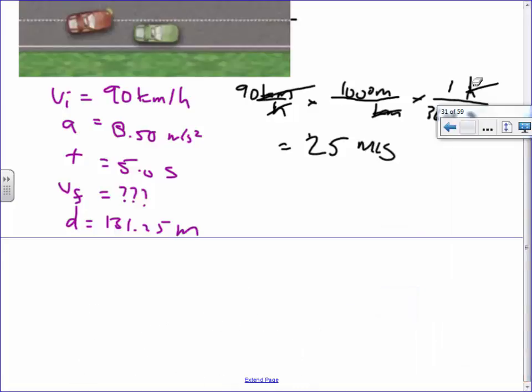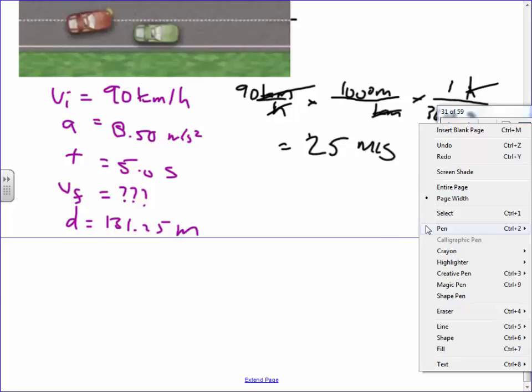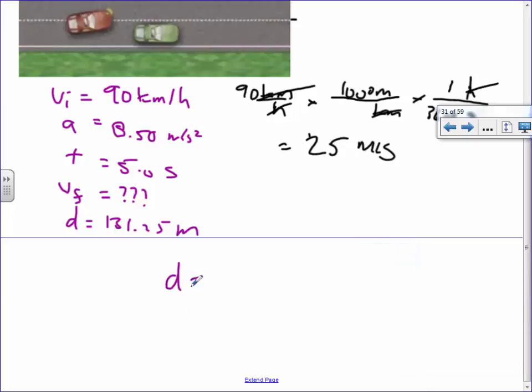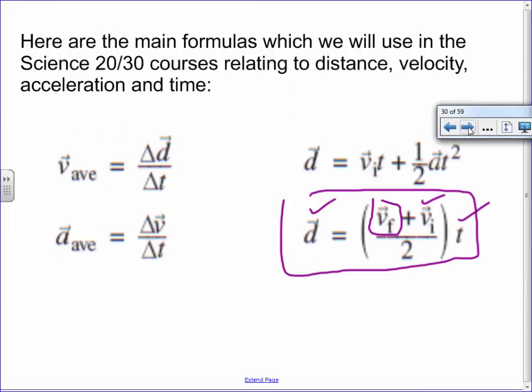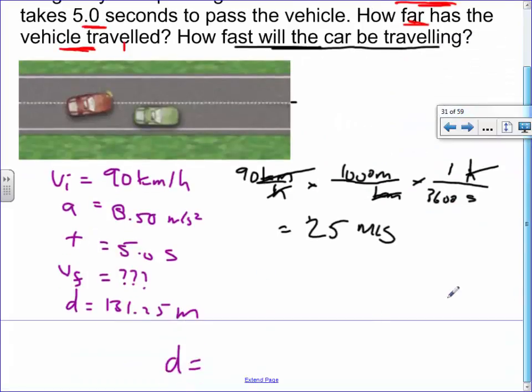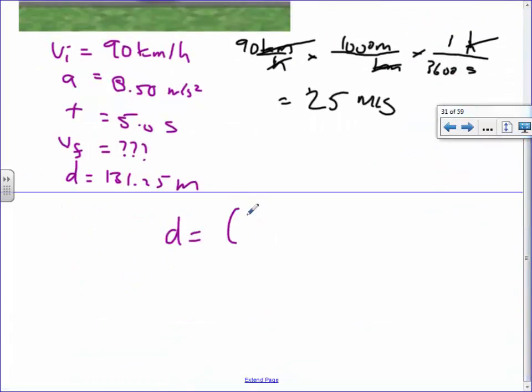So the formula that we're picking was D equals, oh goodness, big bracket VF plus VI all over 2 times time. That's the formula. Most kids, when they do this, prefer, but there's 2 ways.